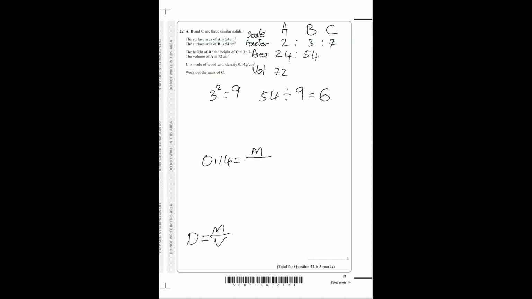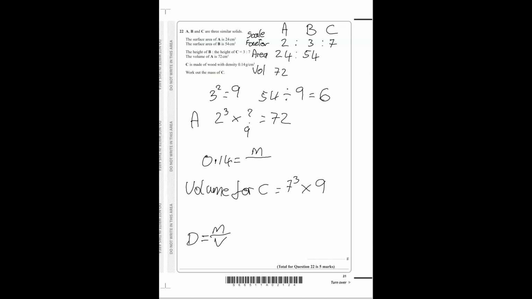To get the volume, I need to cube. So if I look at A, I've done 2 cubed, which is 8, and I've ended up at 72, so that actually is times by 9. So for volume for C, it's basically going to be 7 cubed times by 9, so it's in the same ratio.